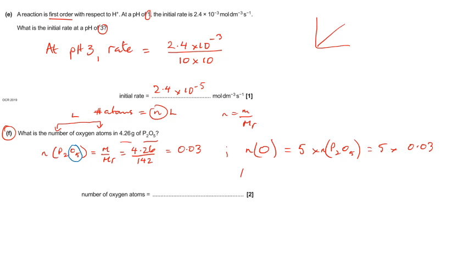So the number of oxygen atoms is going to be the moles times Avogadro's constant. So that is going to be 5 times 0.03 times 6.02 times 10 to the 23, and that comes out at 9.03 times 10 to the 22. And there you have your 2 marks.